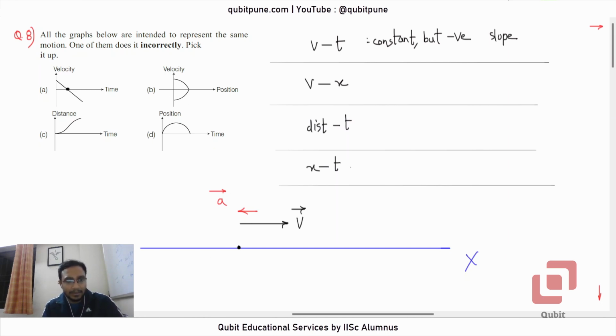So look, suppose this is origin. The body is going to travel in this direction, acceleration is still leftwards, but here velocity is a null vector.